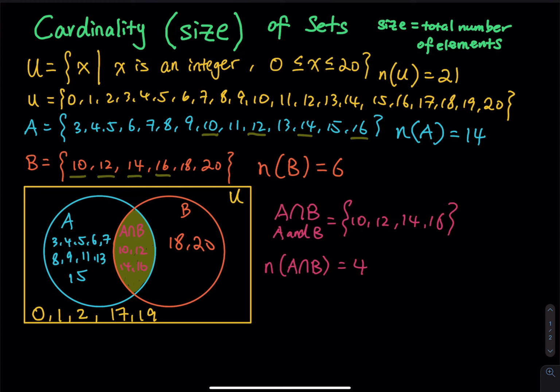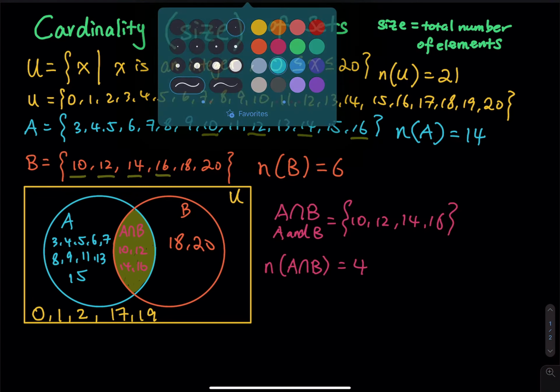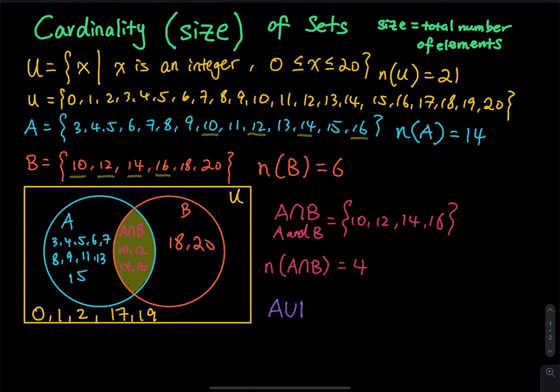Okay, let's do more. How about A union B? Let's use another color. How many numbers are in A union B? A union B means the blue, the orange, and the red. So that means we have to go from 3 to 16, right?